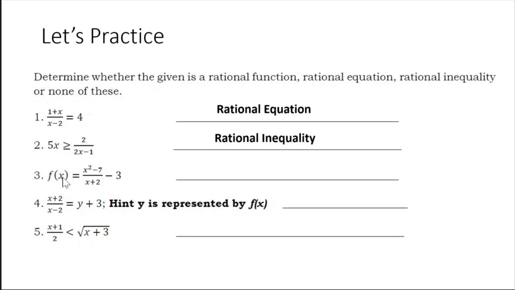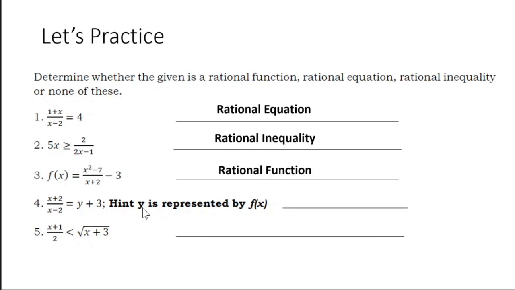Next, f of x is equal to x squared minus 7 over x plus 2 minus 3. This is an example of a rational function because of the f of x, the function of x. Number 4, x plus 2 over x minus 2 equals y plus 3.